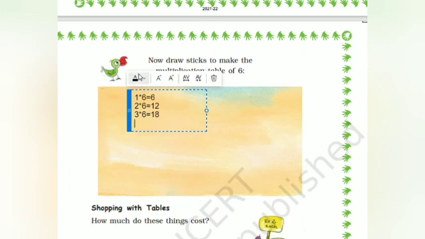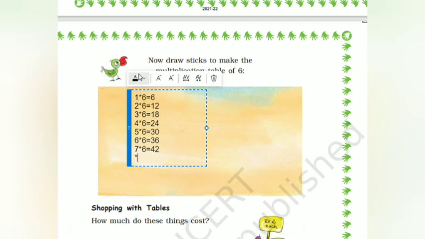Again 4 times 6, that is equal to 24. Then 5 times 6, that is equal to 30. 6 times 6 is equal to 36. 7 times 6 is equal to 42.